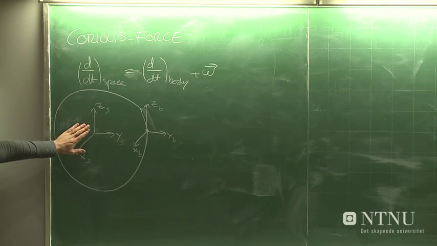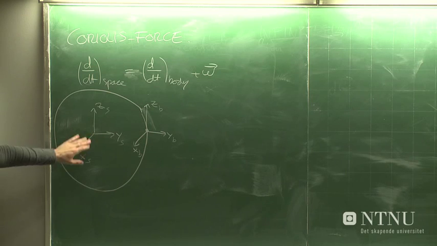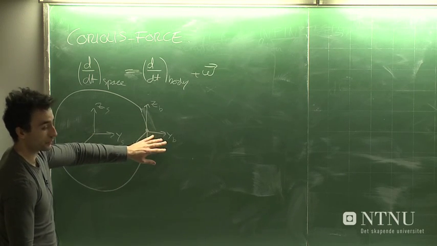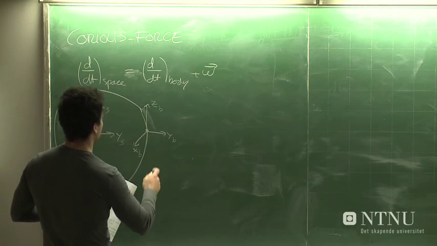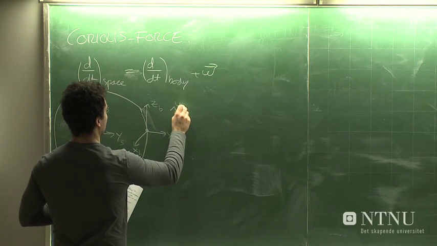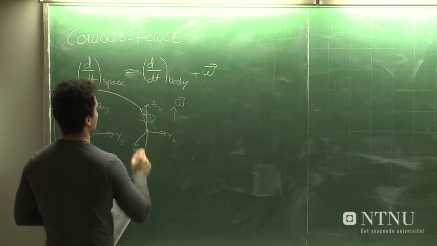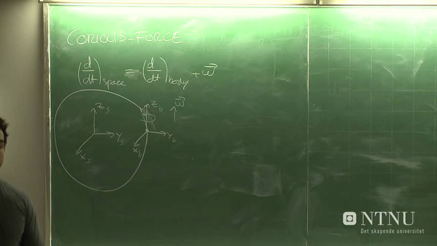So basically imagine that you have some fixed coordinate system here in the middle, and you have a rotating coordinate system here, which is characterized by some angular velocity omega.